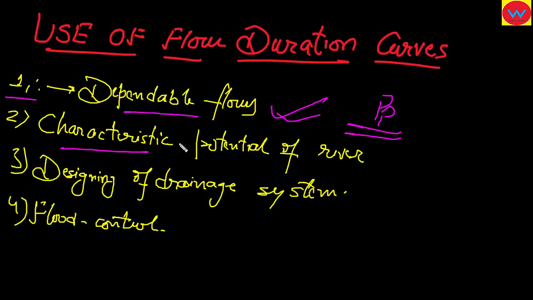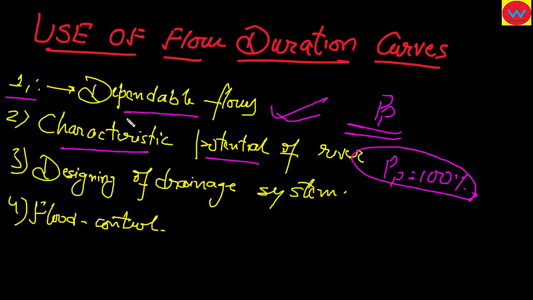And you can also use it to calculate the characteristic potential of a river. From the given graphs you can calculate the discharge accumulated in a particular amount of time, or the percentage of discharge that will be available even in the driest season, that is, PP 100% dependable flow, or hydropower potential: how much water will at least be available in the dry season for irrigation or hydroelectric purposes. So it is of great use in such cases.